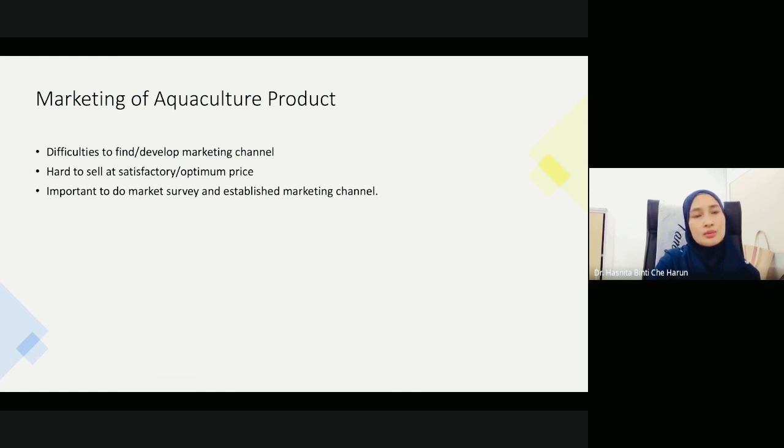So it is important for you to do the business model canvas, and you need to test your business model canvas whether it is really according to your expectation. You need to do a market survey in order to prove that your market channel is working okay.